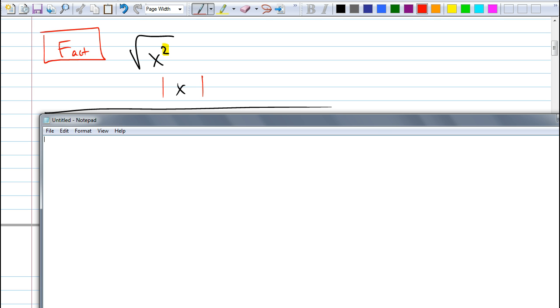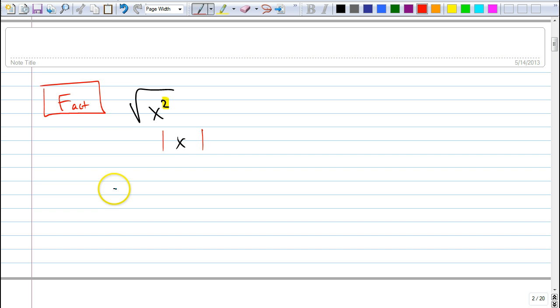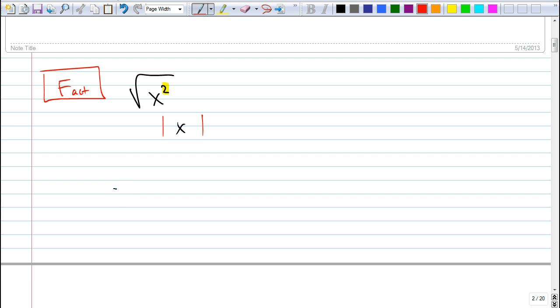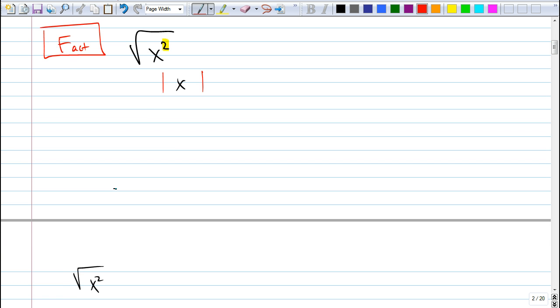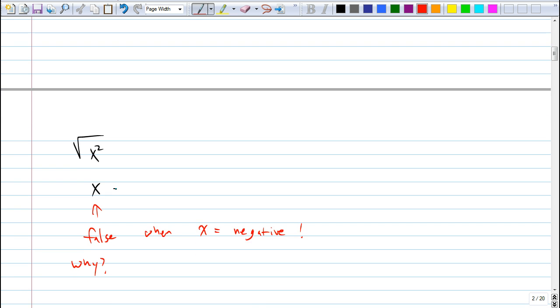If you think about that, there's a reason why we put the absolute value. Can somebody think of why? I want you to think as a group. How come we need the absolute value this time, guys? Ask your team. Okay, so a lot of people may think that if we have the square root of x squared, it's just x.